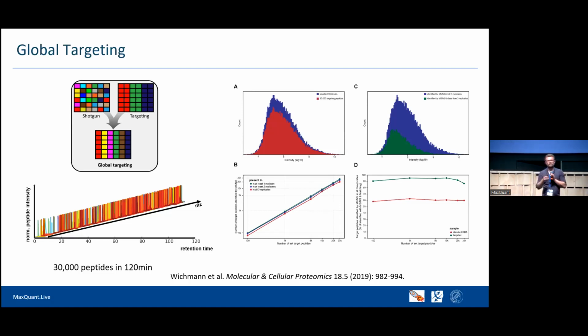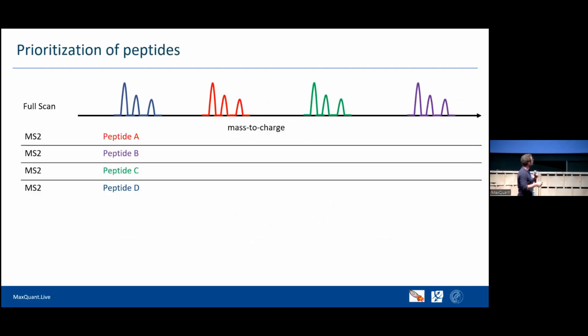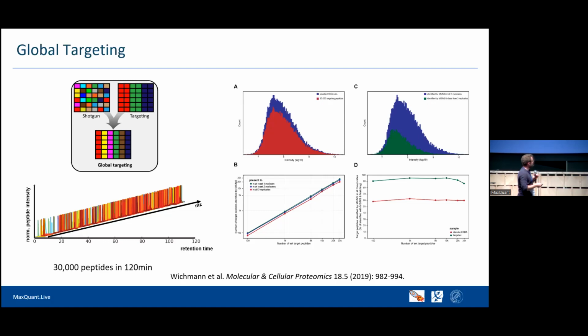So how were these peptides really fragmented in all 3 runs, compared to the classical DDA, which is around 60% reproducibility, up to 90%. And it drops later a bit, but it's much higher. And this brings a lot of advantages in some cases.